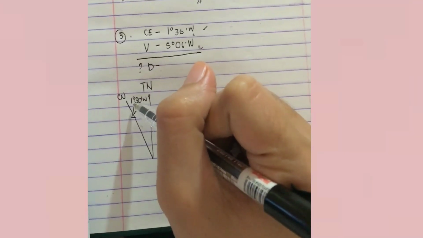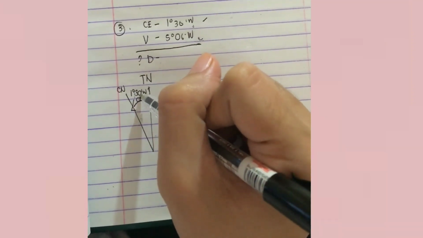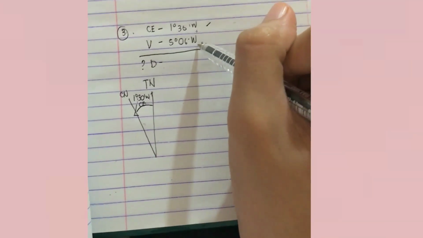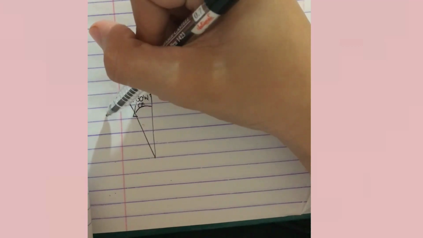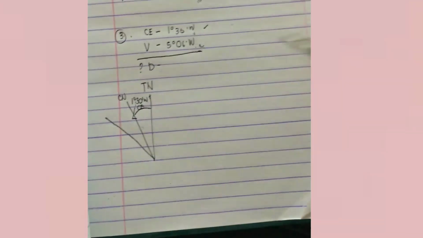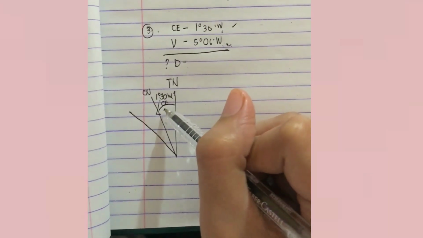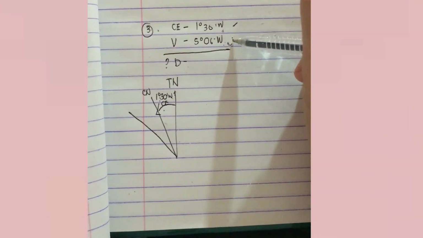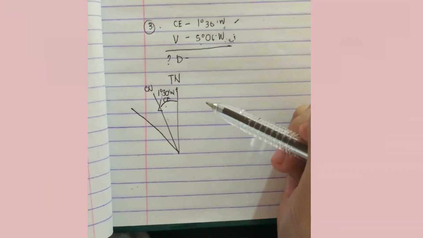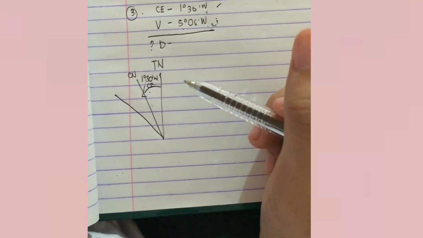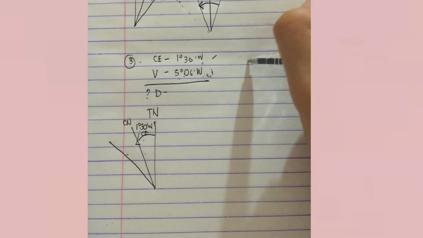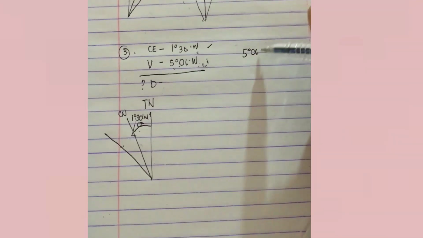Since we already have 1 degree and 30 minutes west, and the variation is also west, we can put our magnetic north here. How much can we add to 1 degree and 30 minutes west in order to get the total variation, which is 5 degrees and 6 minutes west? Let us subtract 1 degree and 30 minutes from 5 degrees and 06 minutes.